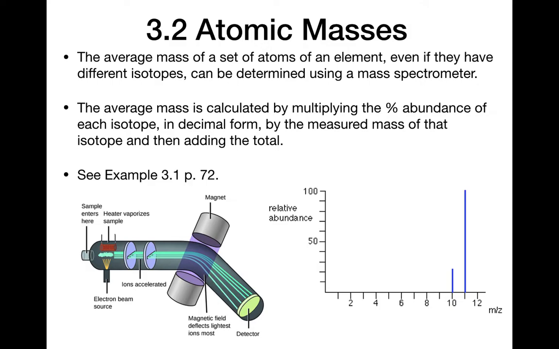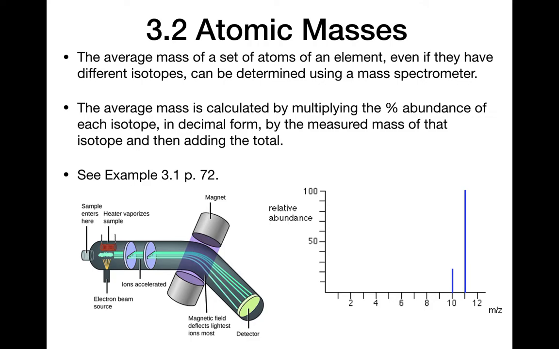We find the average mass by using data from a mass spectrometer. We have the diagram here of a mass spectrometer. The mass spectrometer ionizes the atoms by knocking electrons off of them. Once they're positively charged, they're accelerated by charged negative plates.